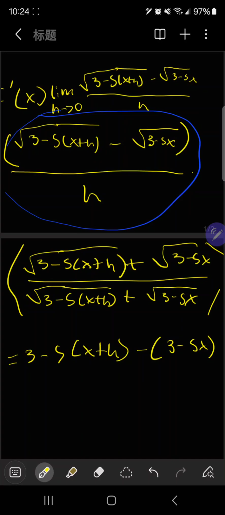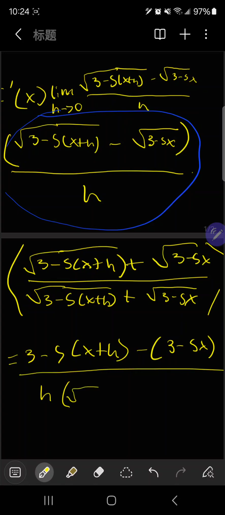Okay. All I did was just combine them together, multiply. And then for the bottom, we have the same exact thing. We still have this h. So it's going to be h multiplied by that.